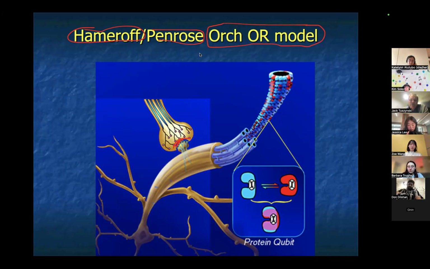What Hameroff and Penrose proposed in around 1998, I believe, was the first paper, something like that, maybe 97. So we are now talking about more than 25 years ago, still publishing and still refining their model.